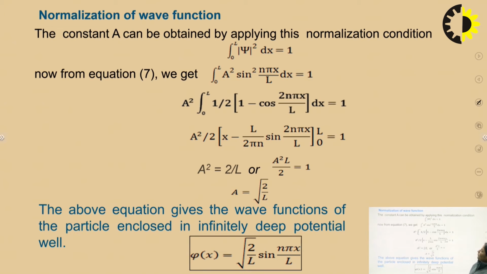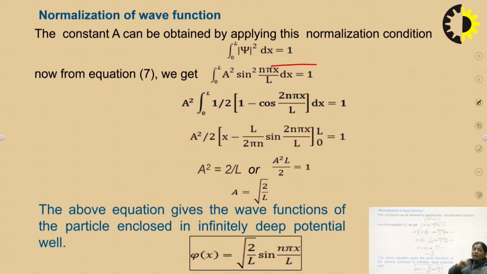So now we apply that normalization condition to our wave function phi. We see whether phi can satisfy this normalization condition, and if it does, what must be the value of A. For what value of A does phi become a wave function which satisfies this normalization condition?